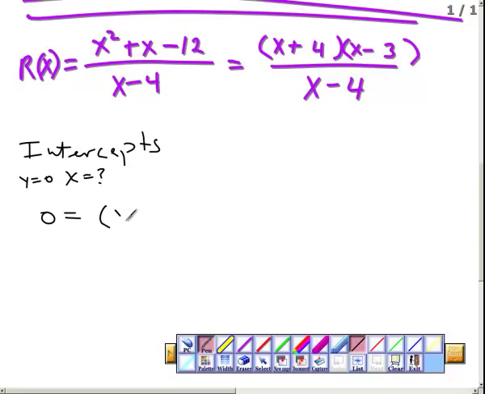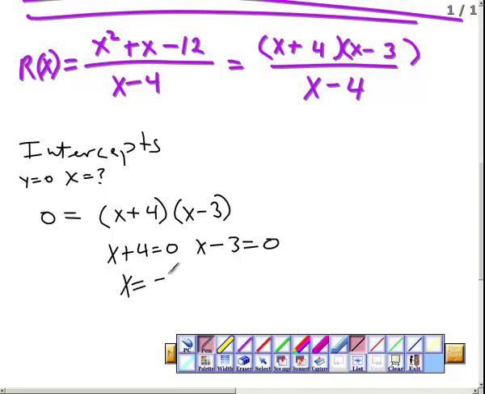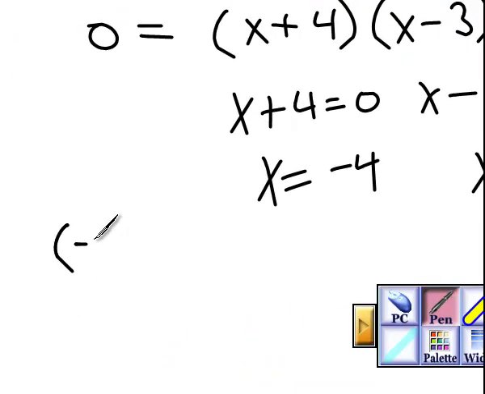So we can skip that. And so it's easier if we just go straight to the factored part. Okay, and so we get x plus 4 equals 0, x minus 3 equals 0, and we get x equals negative 4, and x equals 3. Okay, so our x-intercepts are negative 4, comma 0, and 3, comma 0. All right, questions with that?